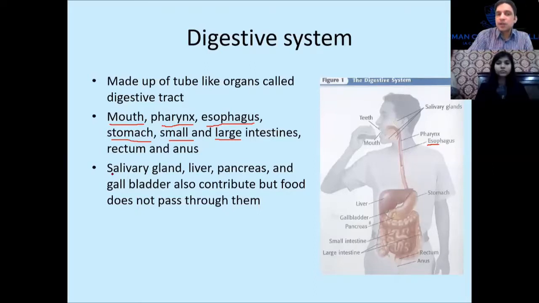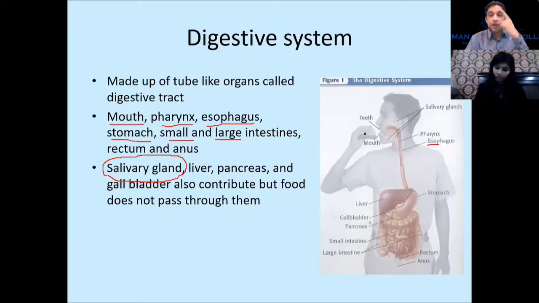There are certain other associated organs present with the digestive system. The first is called the salivary glands. They are present in the mouth. You can see them.